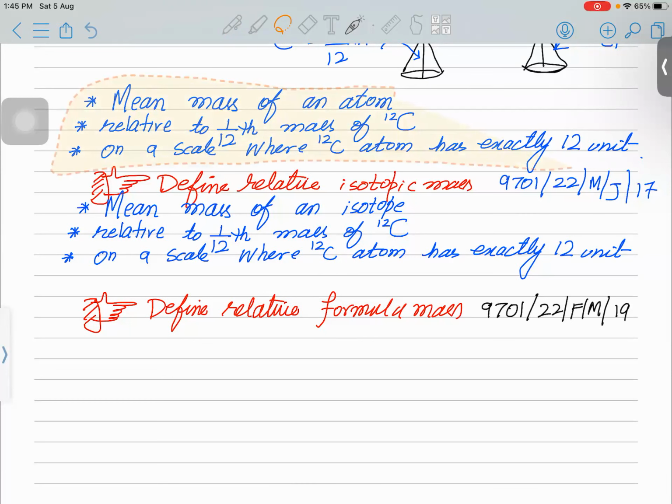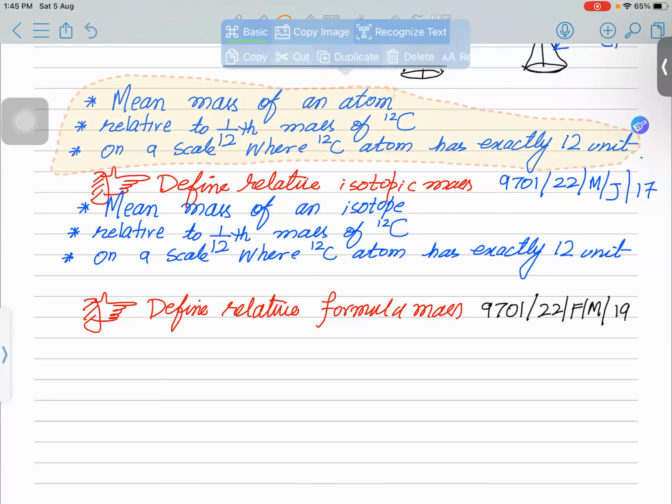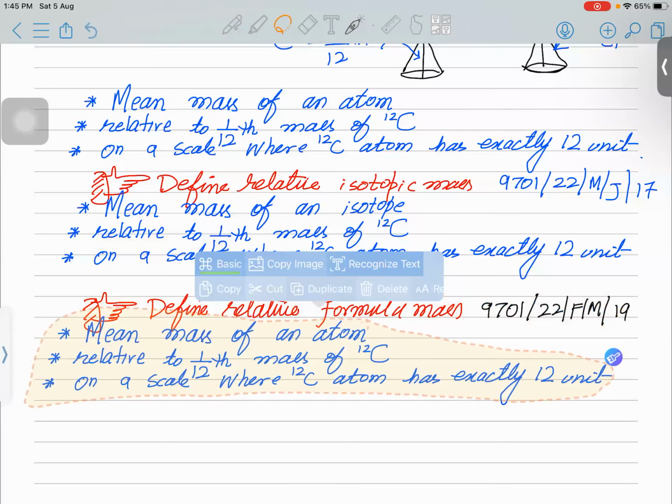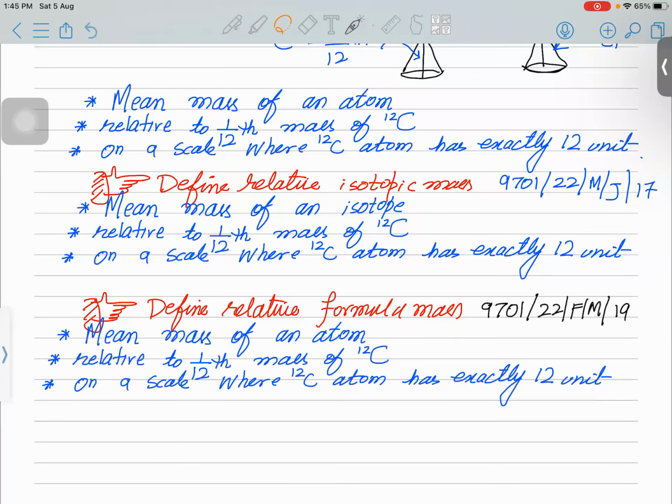Sir, is it the relative mass of the atom compared to the relative mass of the carbon atom? Hmm, you make only one change. So in a formula, sir, it's an ionic compound, so is it going to be mass of an ion? No. If the examiner asks what you mean by relative ionic mass, then you should write mean mass of an ion.